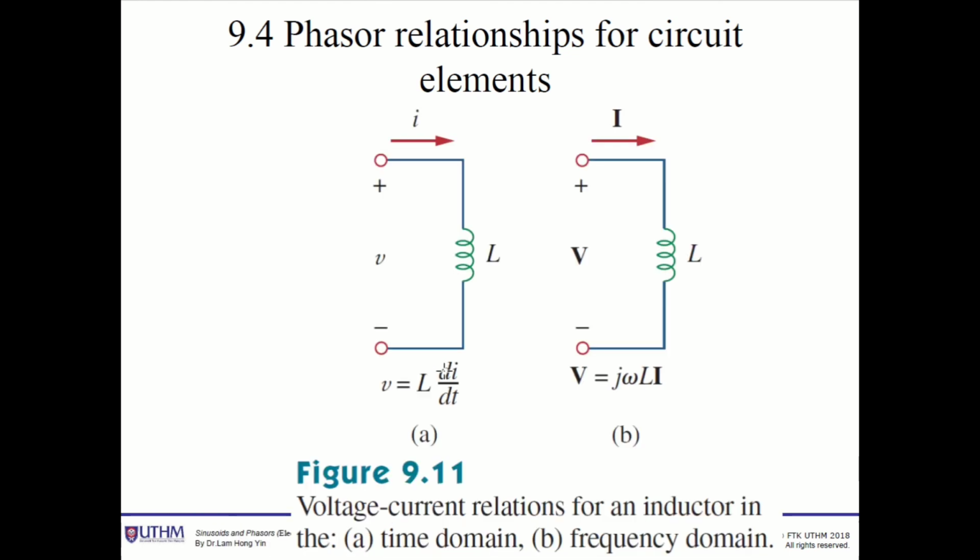So let's look into the inductor. What's the relationship between these two? For the time domain representation, the equation is V equal to L di/dt, while in the phasor domain representation, V is equal to jωLI. If you look at this, the difference is that the derivative is replaced by jω for the phasor.